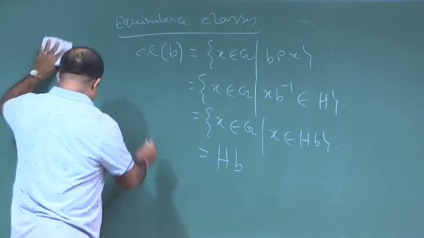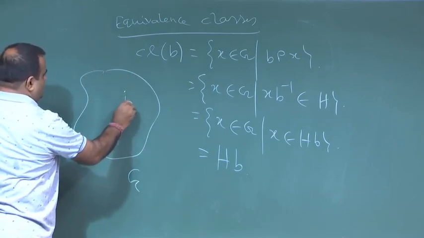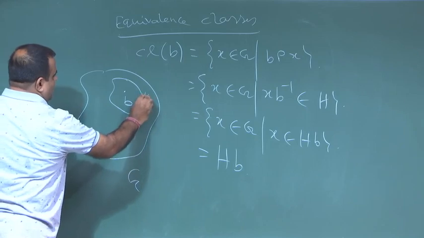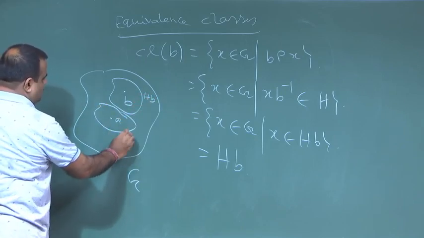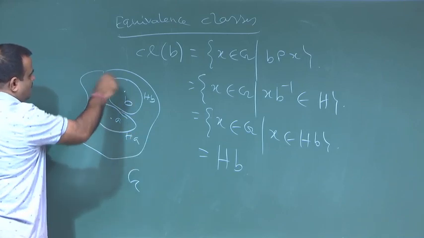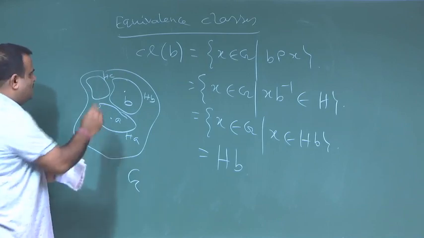So, if we have this G, then if you take an element B, it will form H B, another set H A, and H C. These are all disjoint sets, either they are same or they are disjoint.